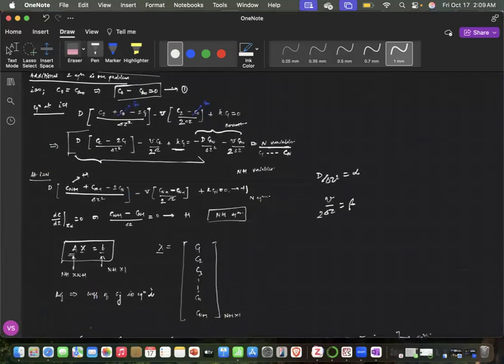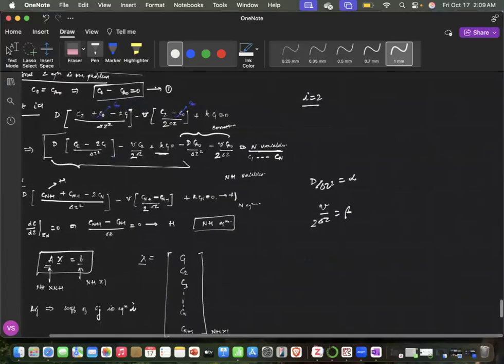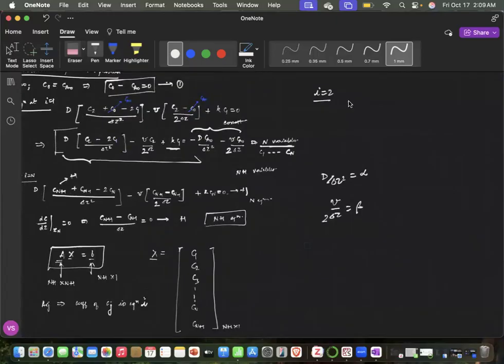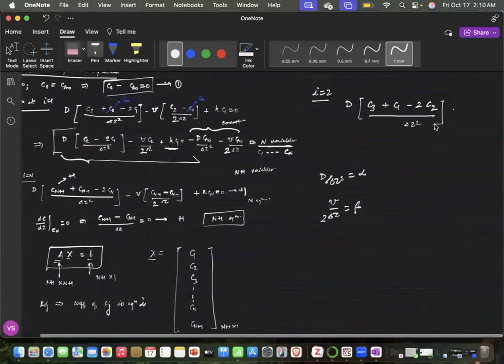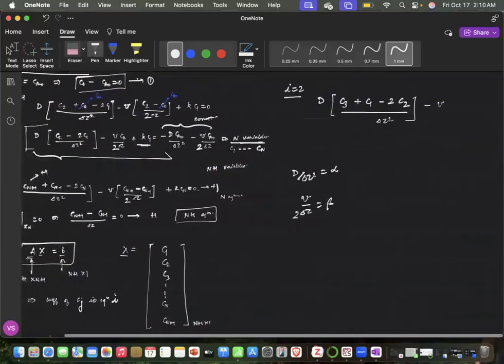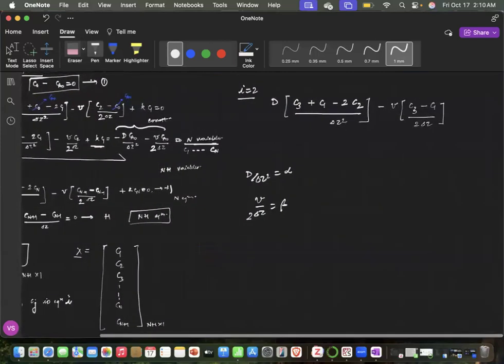The second equation, the equation at I equals to 2, is going to be d times (C3 plus C1 minus 2C2) by delta z squared, minus v times (C3 minus C1) by 2 delta z, okay, plus kC2 is equal to 0.